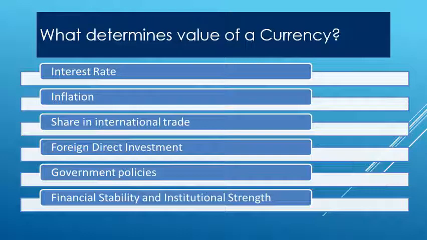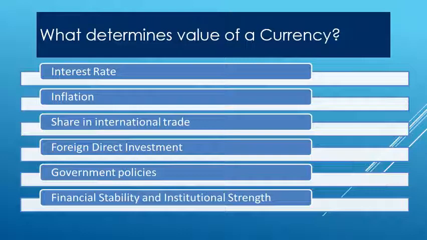Apart from this, share in international trade is also a very critical factor, because ultimately the demand for a currency is nothing but demand for its goods and services. So if a country has a good share in international trade, its currency value will change. And the countries which have very strong share in international trade, their currency also tends to remain stable over a long period of time.